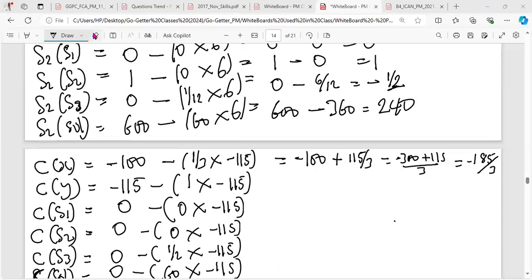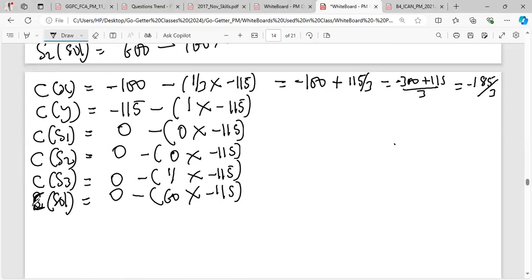Okay, I keep making this mistake again. Please always watch out. 1 over 2, 1 over 12 can look like 1 over 2. Okay, thank you. So this 185 over 3 cannot be divisible.